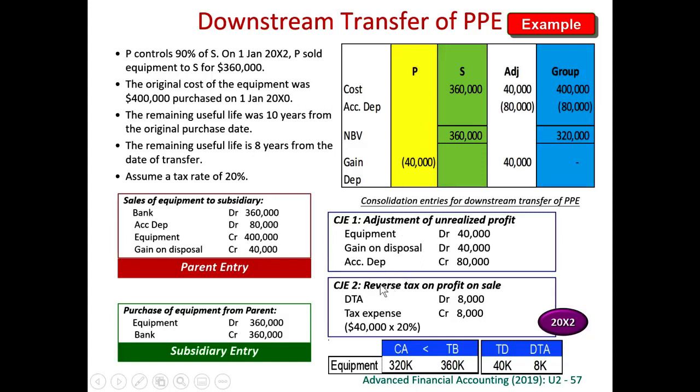Therefore, there will be a temporary difference, and we have to adjust for the deferred tax. So we debit gain on disposal, therefore 20% tax rate, we credit tax expense. On a net basis, you have credited the net book value of the asset, so the asset's value goes down. So when the asset's value goes down, deferred tax asset, 20% tax rate.